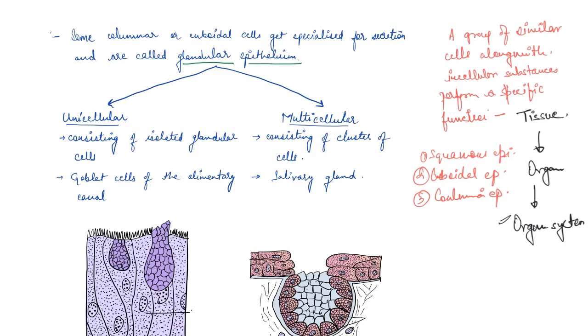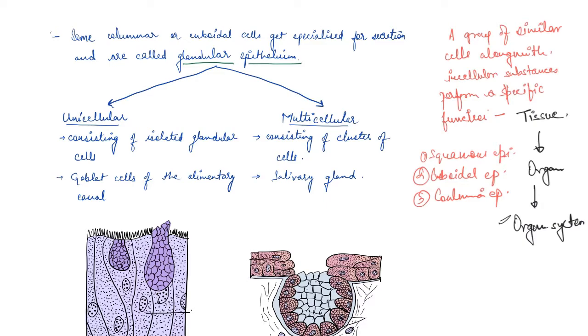Now, goblet cells of the alimentary canal are unicellular glandular epithelium. And multicellular glandular epithelium is nothing but salivary glands, which produce saliva, right?